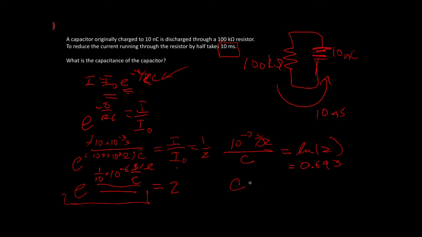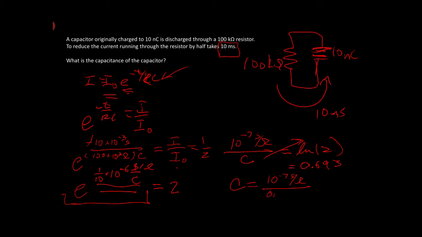So that means we have C is equal to 10 to the minus 7 seconds per ohm over 0.693. Bring that over here, bring that up, bring that down, right?